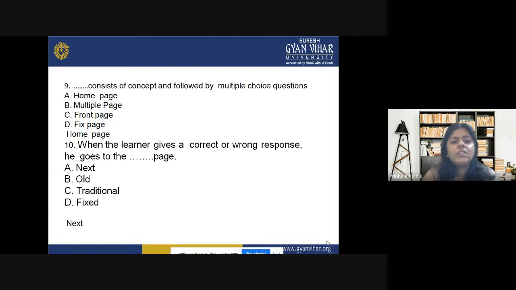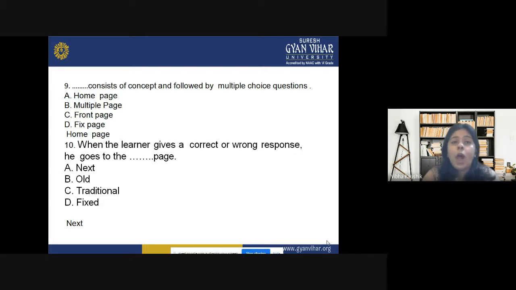Now, which consists of concepts, and after the concepts have been shared, is followed by multiple choice questions? Now the options are A, home page, B, multiple page, C, front page, or D, pics page. Now, students, these are the options A, B, C, D.